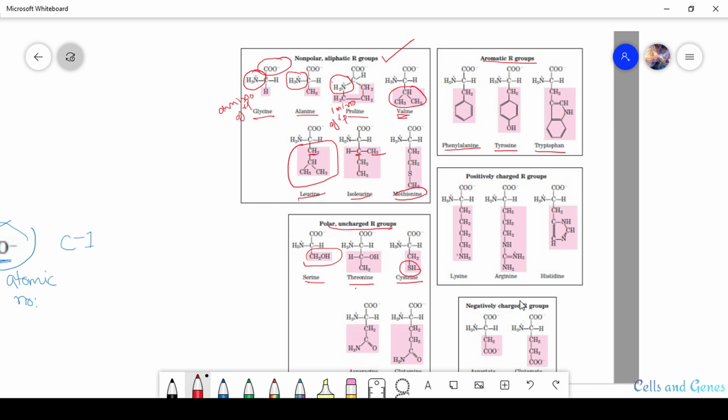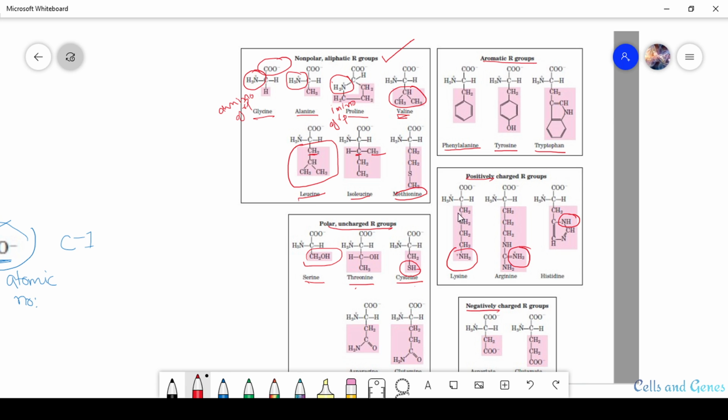Now coming to the charged ones, those amino acids having charged side chain groups, they are positively charged side chain groups and negatively charged side chain groups. This is a positively charged side chain group because it contains an amino group. Here also NH2 plus, and here also one NH is coming.